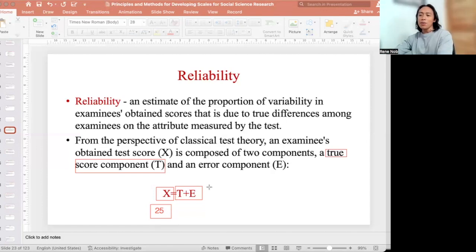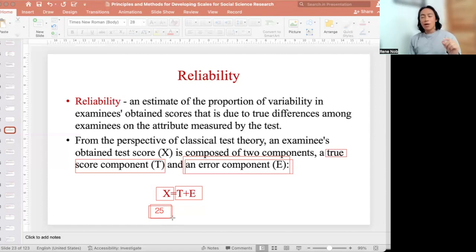Now, the other component of that score is what we refer to as an error component, which tells us that 25 is partly a reflection of the true score, but part of it would also be error. What would these error components be? What are other things that can influence the score of 25 aside from the true score of the construct? We can think of a number of randomly fluctuating variables as a source of error in our measurement.